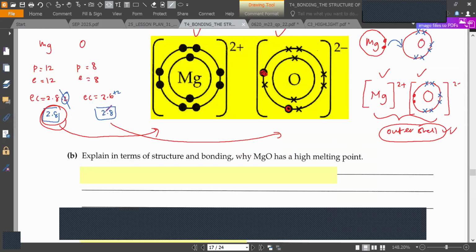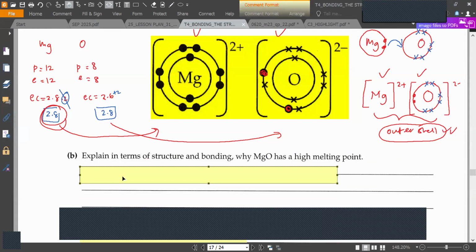Explain in terms of structure and bonding why magnesium oxide has a high melting point. Why do ionic compounds have high melting points?